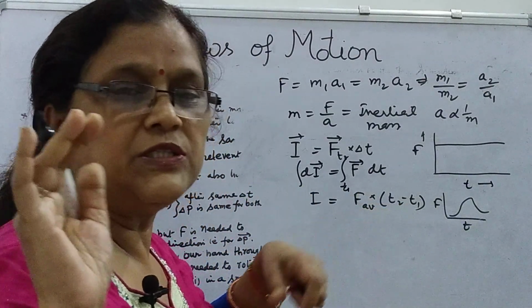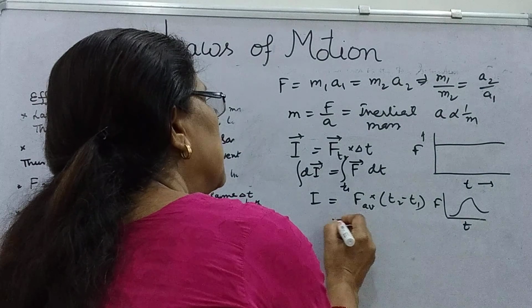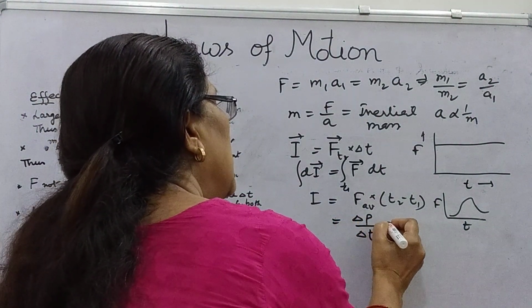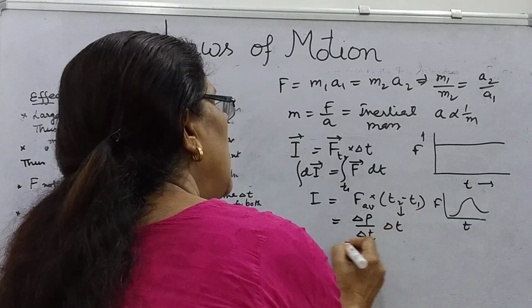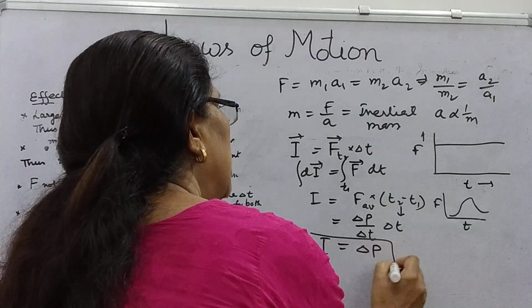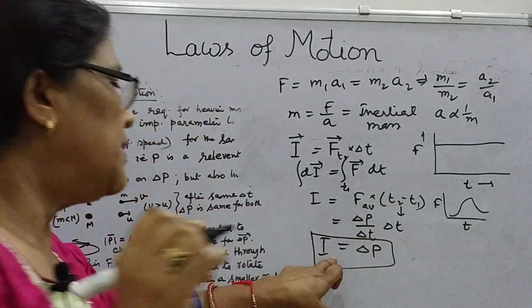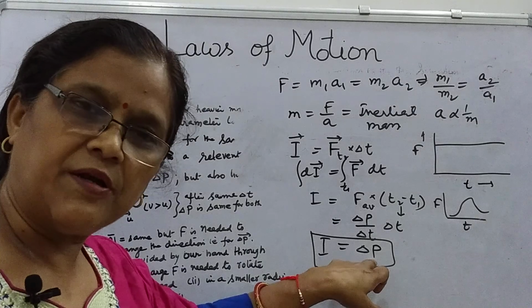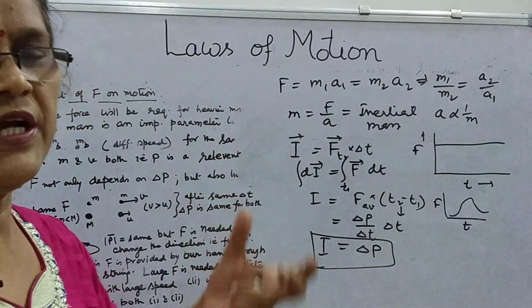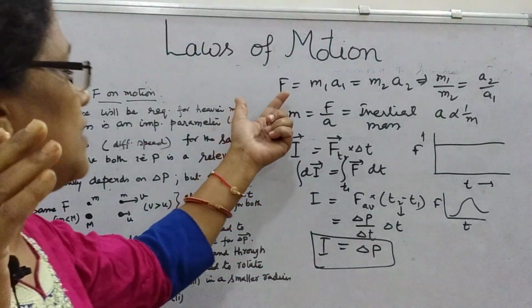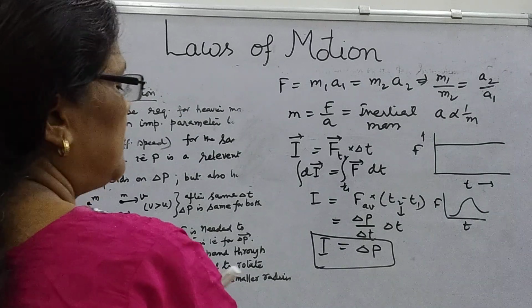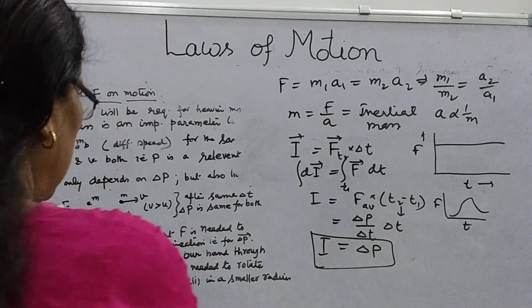As per the second law, this force is the rate of change of momentum. Multiplying by the time interval, what will you get? Delta p. Sometimes it is asked to prove that impulse is change in momentum. It is. In this way, we can see how the second law is used when force is related to momentum.